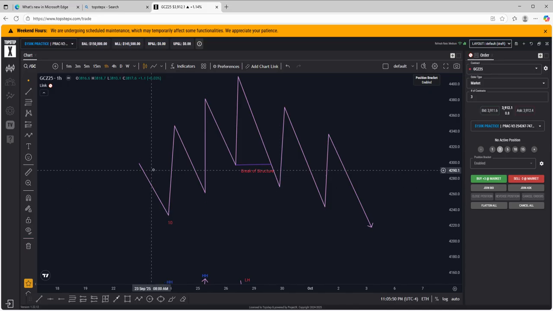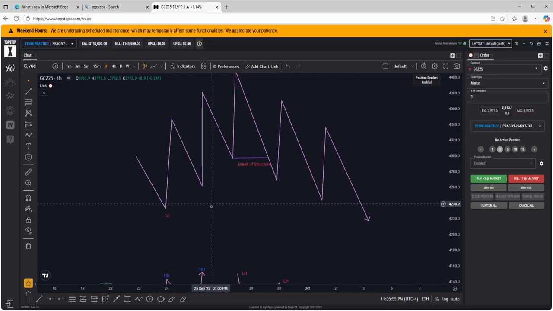Let's say in this scenario we're supposed to be bearish, but on the 5-minute we were bullish, and then we finally broke structure to the downside, and our 1 hour is showing a bearish trend. Once we've aligned time frames, now I can hold my trade much longer.